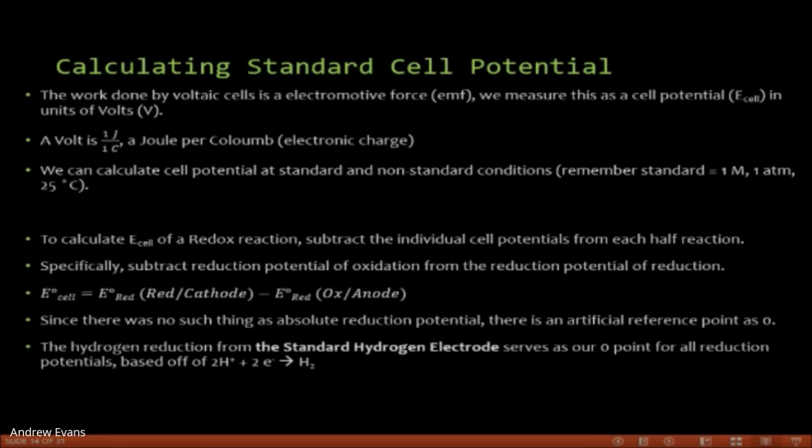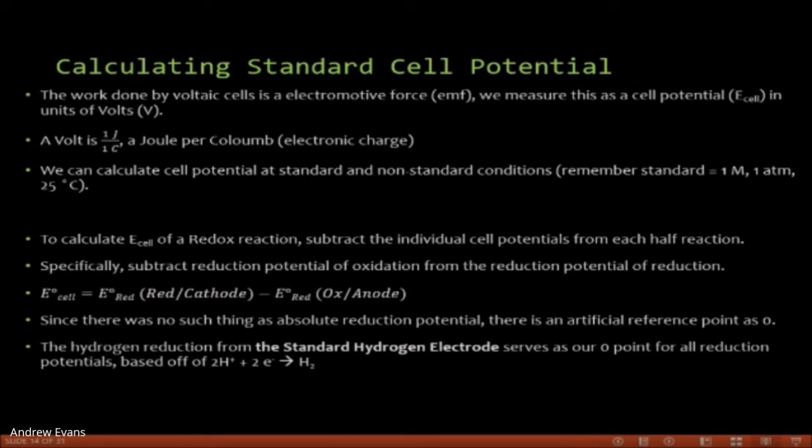A coulomb, remember, is our electronic charge, the charge of our electrons. So how many joules, our energy, per how many coulombs transferred? Once again, standard state conditions for E naught are 1 molar, 1 atmosphere, 25 degrees Celsius.